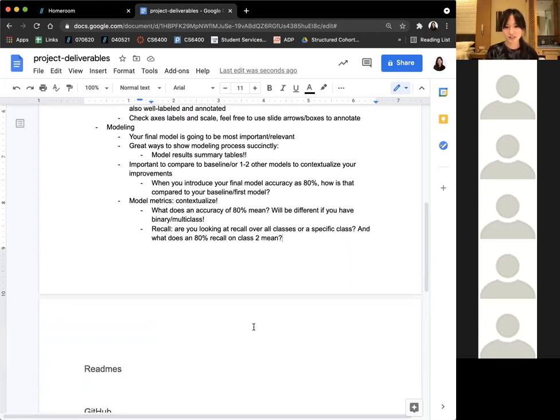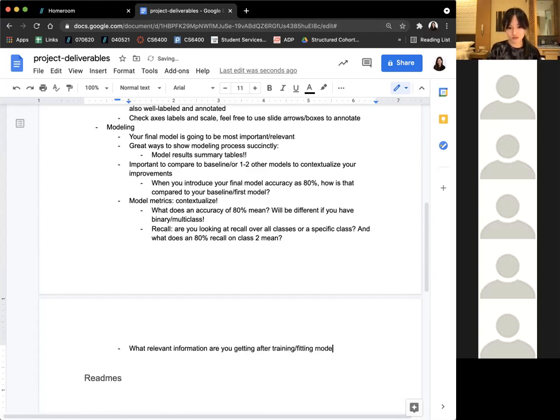Cool. And then again, it really depends on what kind of model you're doing, but what important information do you get after you train your model? What relevant information are you getting after fitting your model? A lot of times for tree models, you have your feature importances.